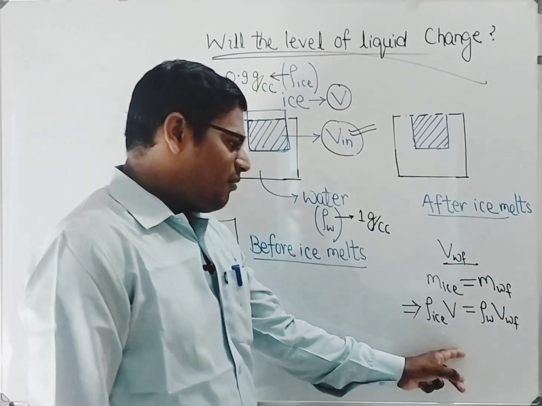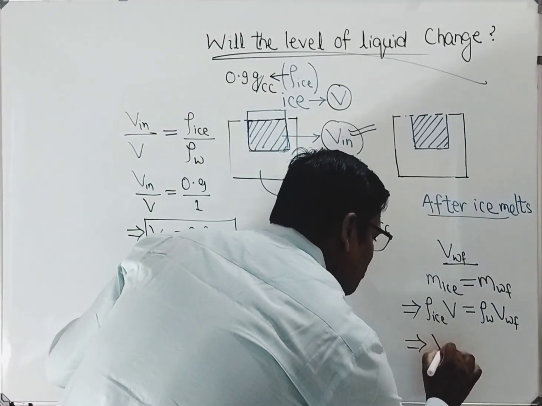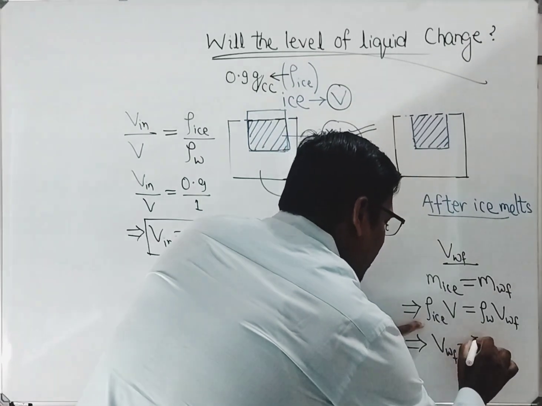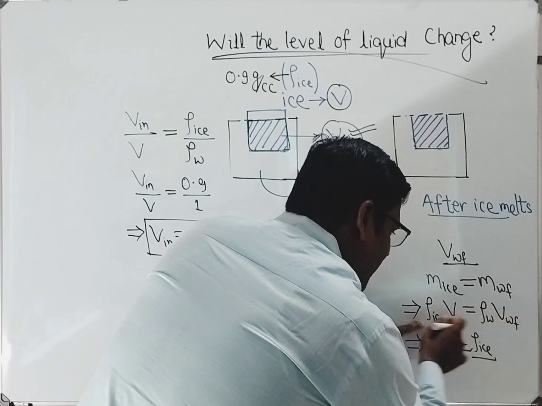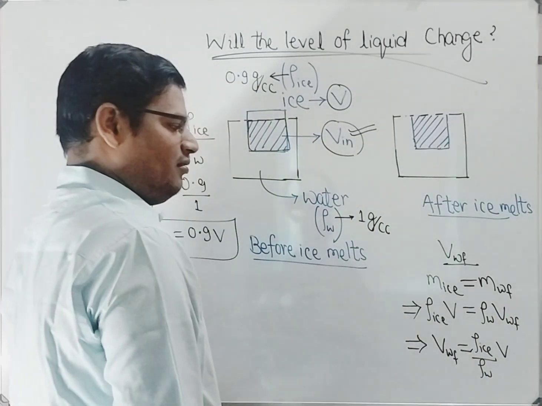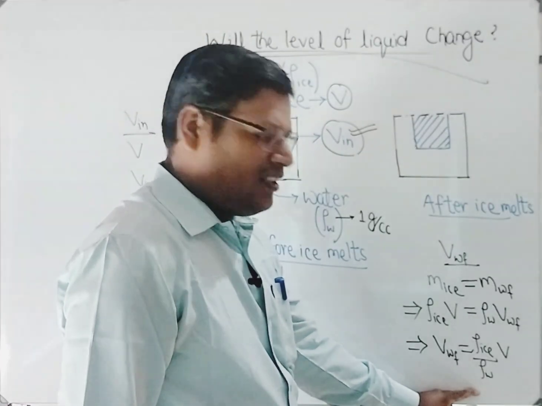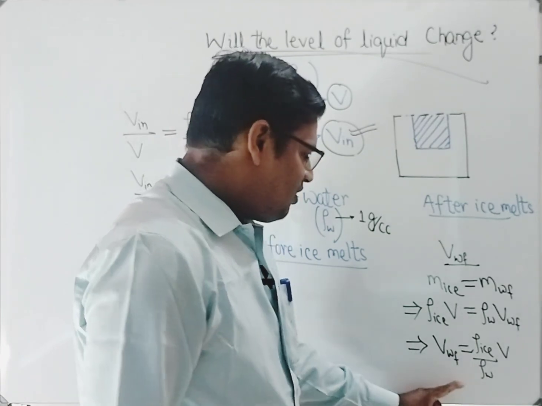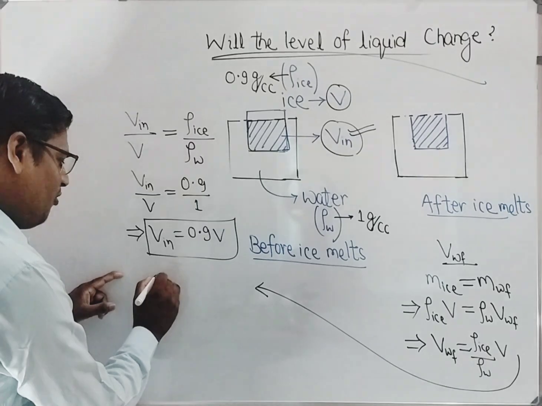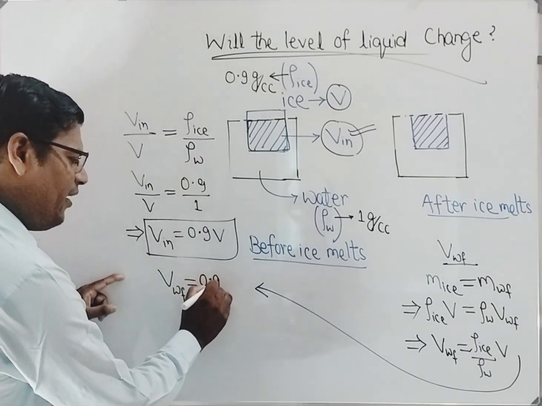So from here I can find out the volume of water formed. It is rho ice by rho water into V. Now what is the value of rho ice by rho water? It is 0.9 by 1. So the volume of water formed comes out to be 0.9 V only.